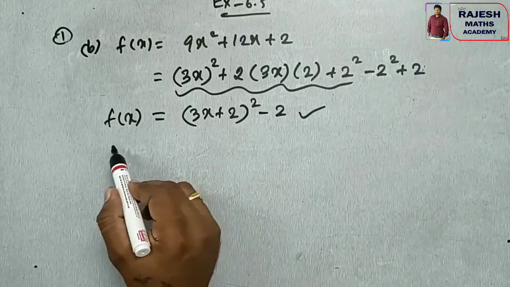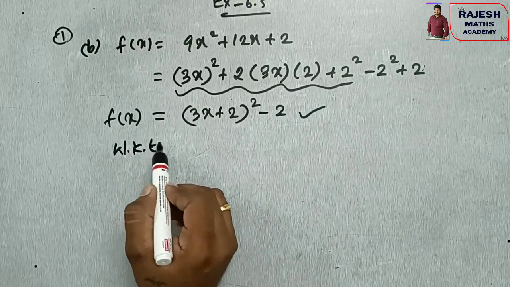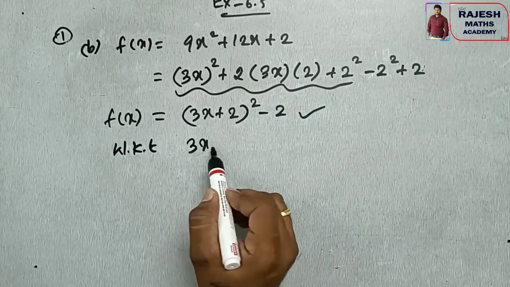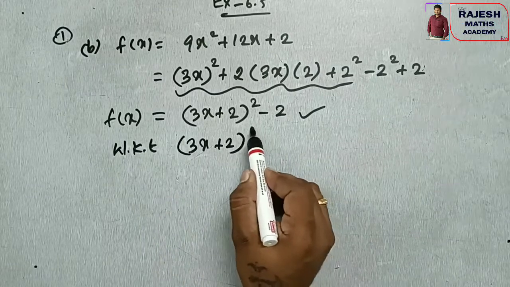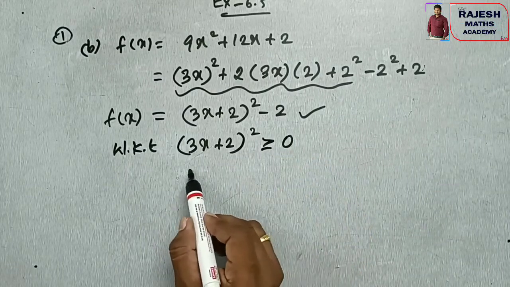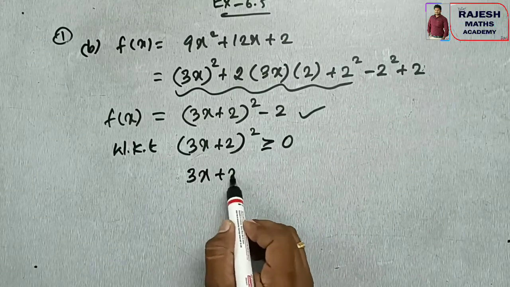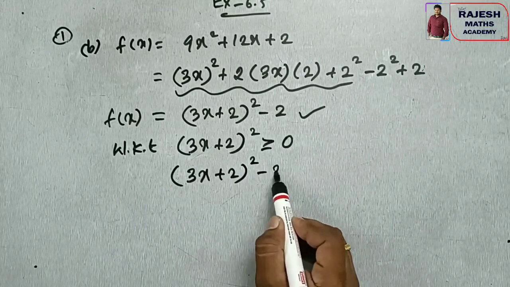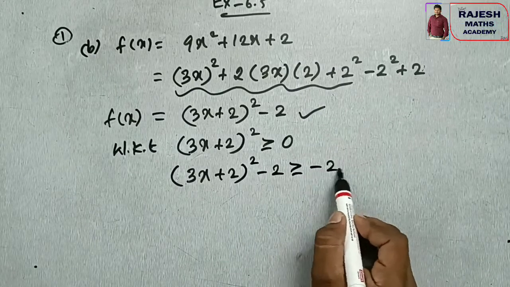Now we can use the usual method. We know that (3x plus 2) whole square is greater than or equal to 0. So I am going to add minus 2 to both sides. So (3x plus 2) whole square minus 2 is greater than or equal to minus 2.